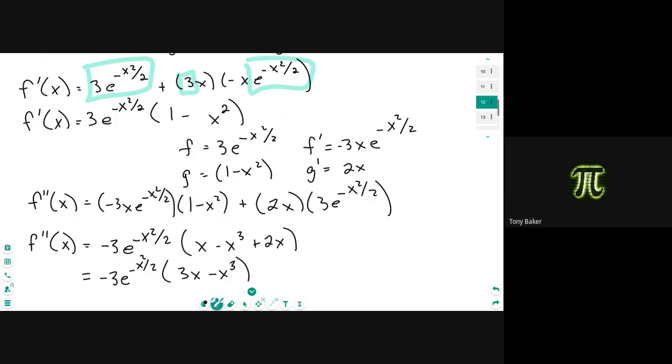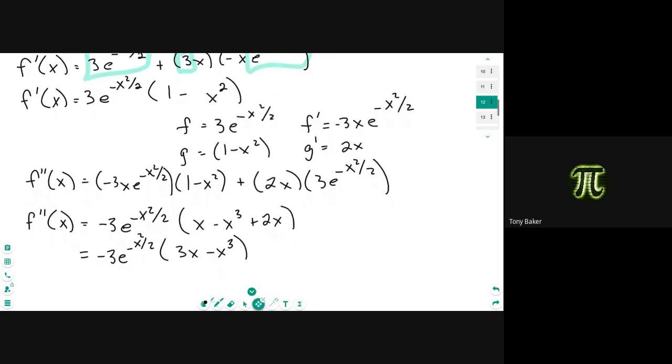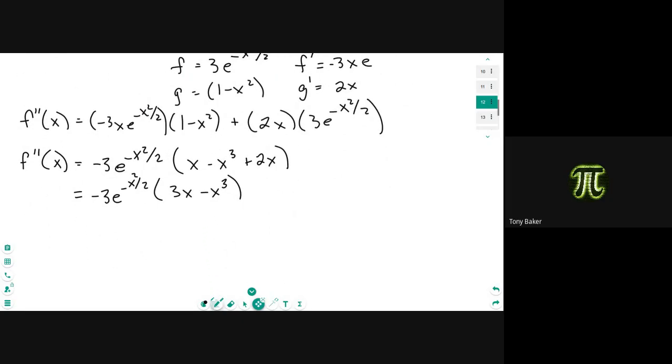Just double checking my factoring. And the other thing is, when you're simplifying it down, it's going to make life easier when you're trying to solve for 0 and find those inflection points. So now we can set that equal to 0.